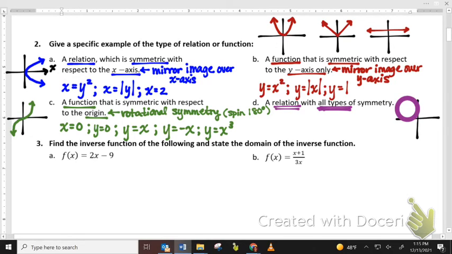No. Does this have symmetry about the origin? So does it matter where the center of my circle is? Absolutely it does. Is this symmetric with respect to the x-axis? With respect to the y-axis? Does it have rotational symmetry? So a circle would absolutely work here.